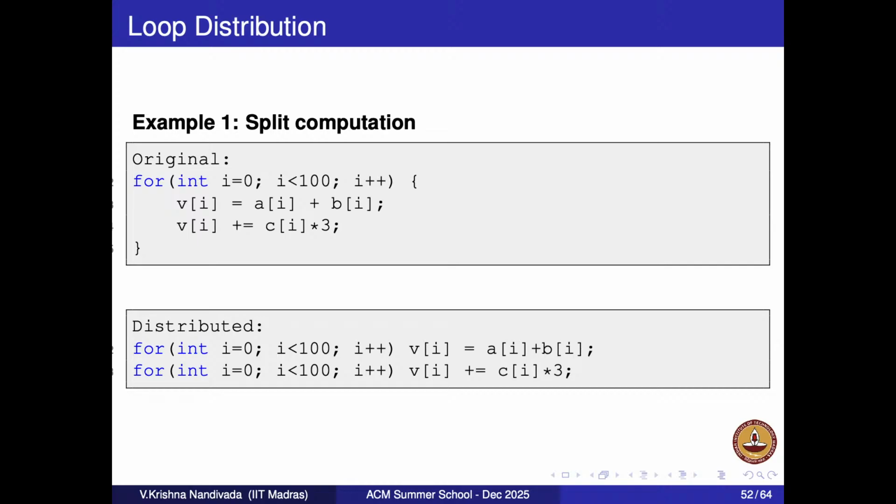There will be cases where you don't want to distribute. There will be cases, I'm pretty confident. Before we go further, to distribute the loop, we'll take one for loop here, another for loop here. Is it always safe to distribute this way?